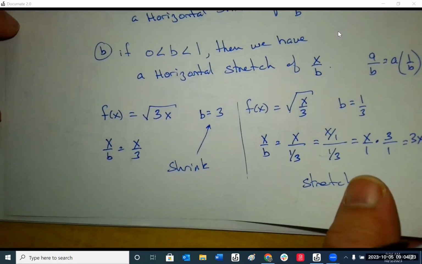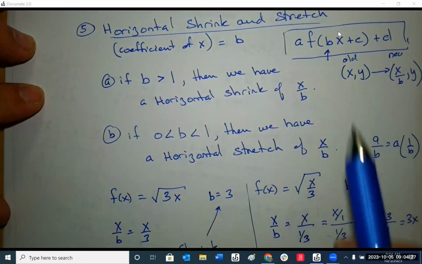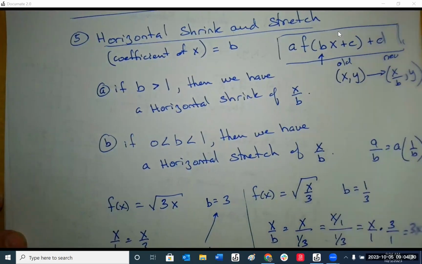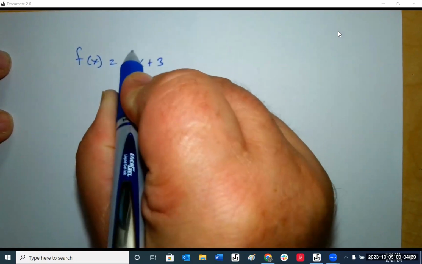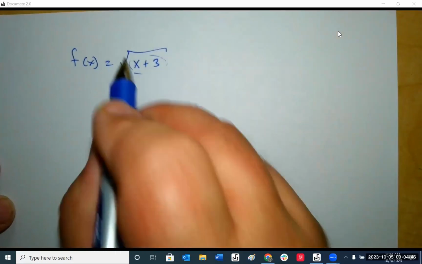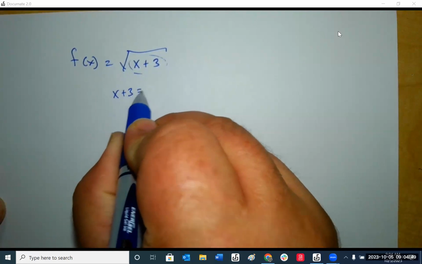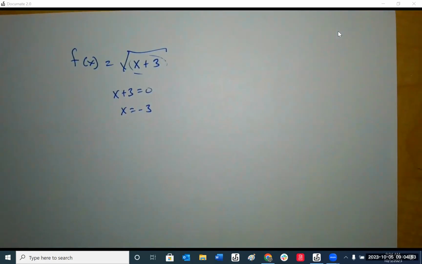Now, the question you may have is, how come it is that? Because remember, what do you do with whatever's inside the parentheses, inside the function? What did you do there? Well, for horizontal shift, we took what was inside, set it equal to 0, and found a new x origin, a horizontal shift.